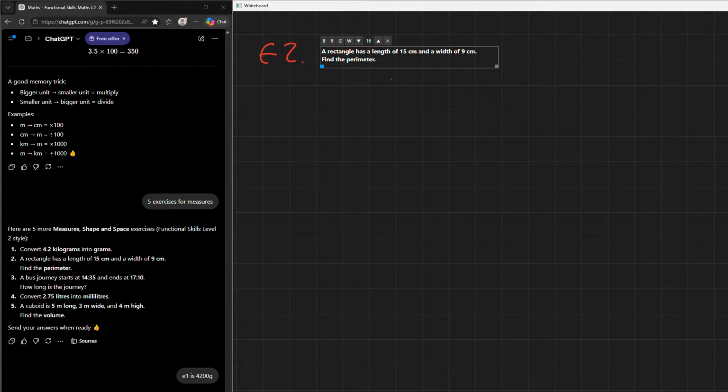So here we have a rectangle. Let's say it has a 15 length. So this one is the length side. And this is the width usually.